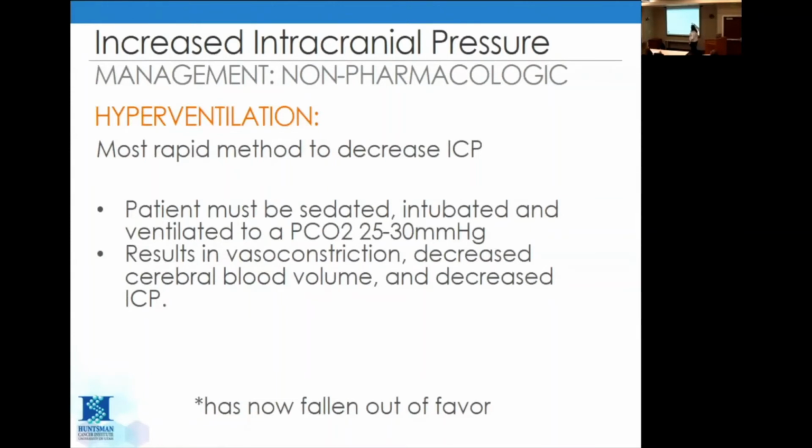CO2 vasodilates. If I breathe off my CO2, what's going to happen to my vasculature? Vasoconstricts. So what happens to the percentage of blood in my head? It should go down. So in a pinch, if I need to quickly decrease ICP, I can drop it a point or two maybe by decreasing the amount of CO2 in the body, which will thus cause vasoconstriction, which will decrease the percentage of blood in the brain.